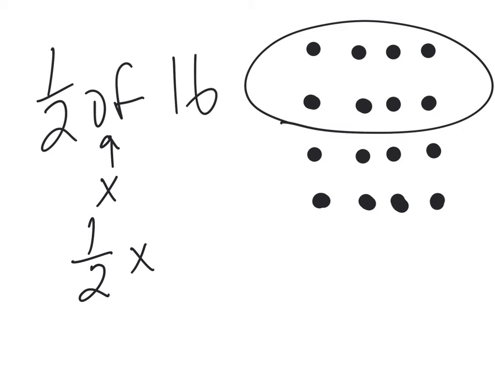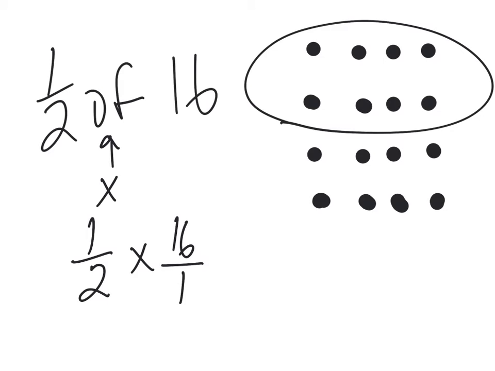I'll ask my students, how would you set up 16 as a fraction and it still stays 16? The easiest way is to put 16 over 1. Well, 16 over 1 is 16 divided by 1, because that bar means divide. 16 divided by 1 means we still have 16 wholes.